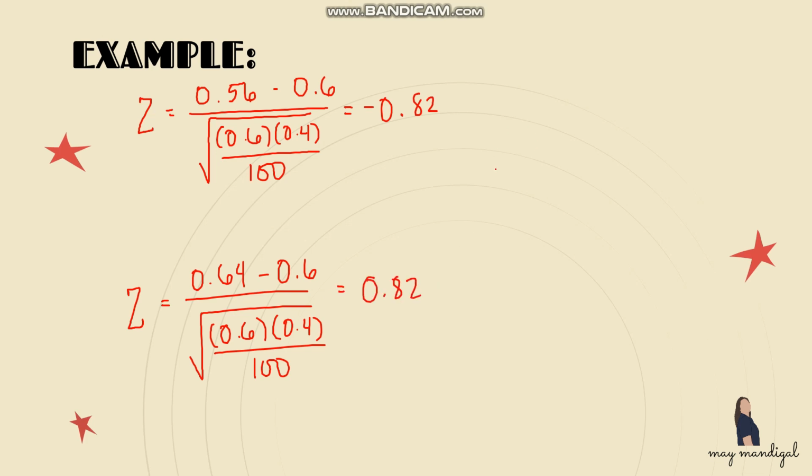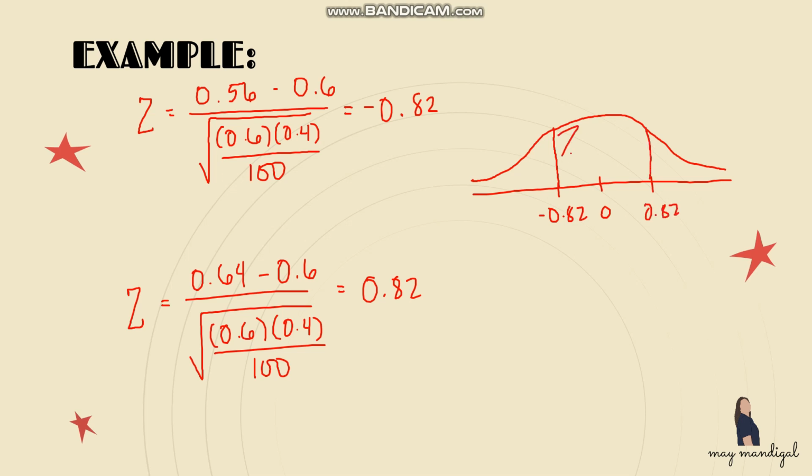So since we now have two z-scores, if you draw our normal curve, you have 0, this is negative 0.82, and then this one is 0.82. And then we need to get the area between the two, and that area will give us the probability.